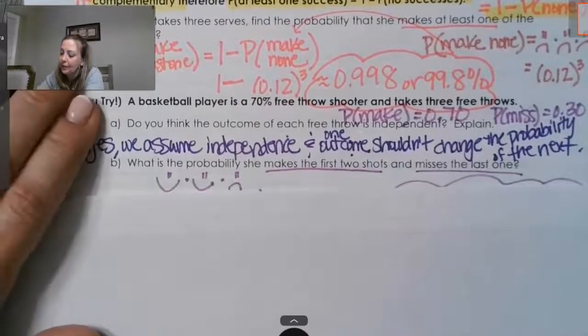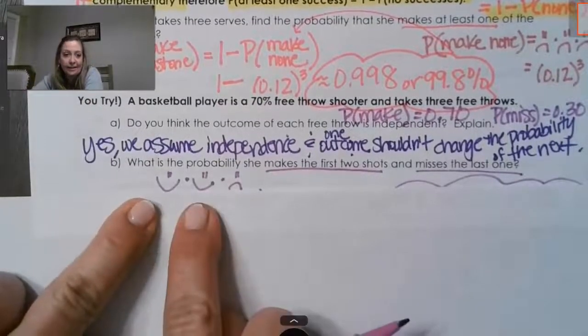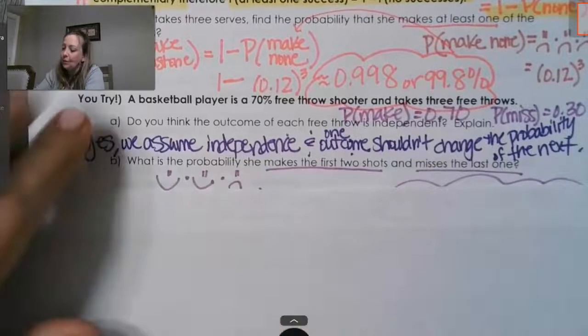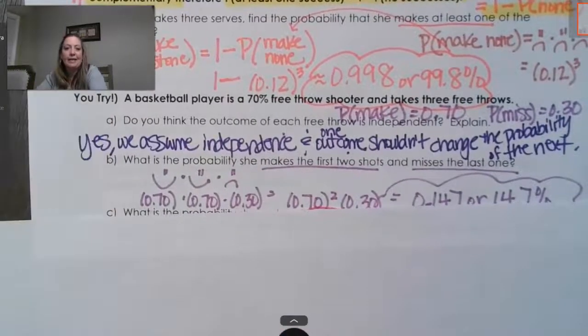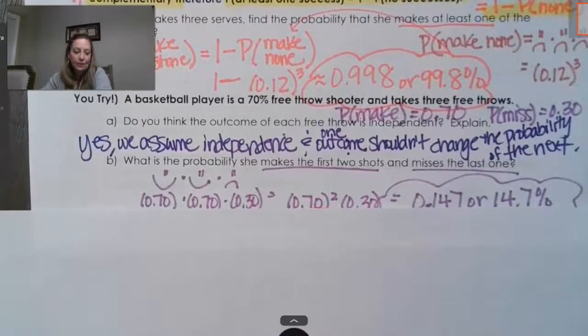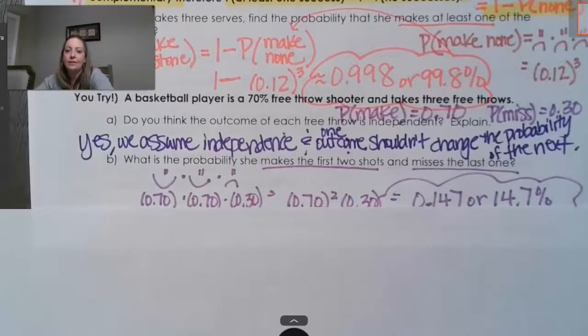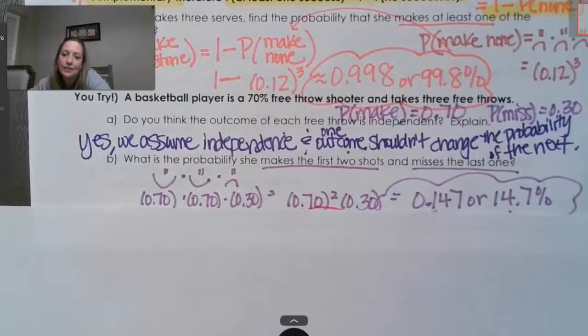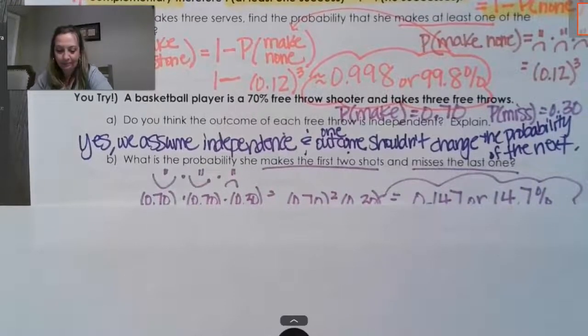So that means that we're going to want make, make, miss. So 0.7 times 0.7 times 0.3, which equals 0.70 squared times 0.30, and that gives me 0.147 or 14.7%.